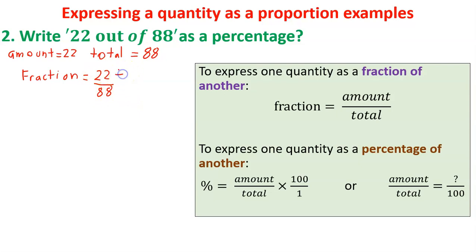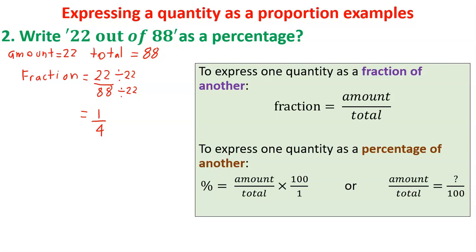I'm going to use the old-fashioned way, and I know that a common factor for these two numbers happens to be 22. So if I divide 22 by 22, I get 1. If I divide 88 by 22, I get 4. So 22 over 88 in its simplest form is 1 over 4 or a quarter.